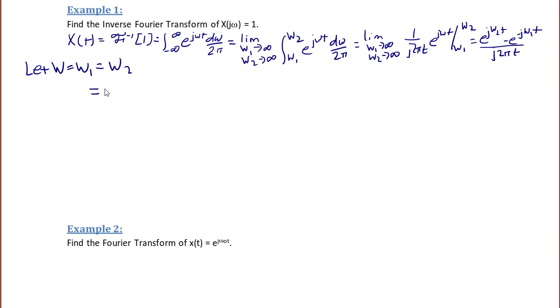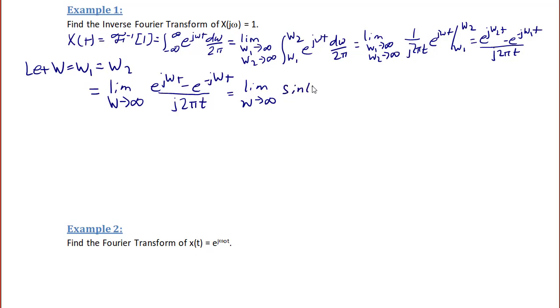And I can now write this equation as the limit as w goes to infinity of e to the j wt minus e to the negative j wt divided by j 2 pi t. And this equals the limit as w goes to infinity of the sine of wt over pi t.